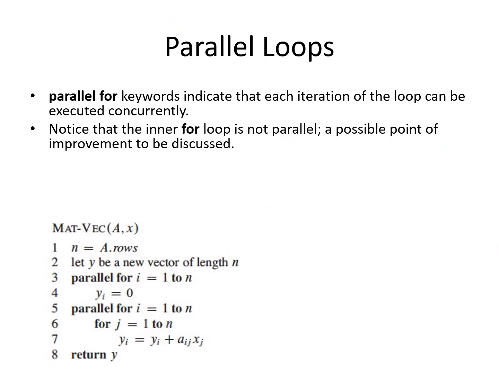So here is the code for multiplying our matrix A with input vector x, right? So to start with, let's ignore these parallel keywords. If you ignore these parallel keywords, the rest of the code here is the standard sequential code for multiplying this matrix A with vector x.